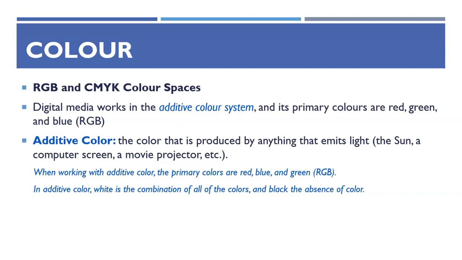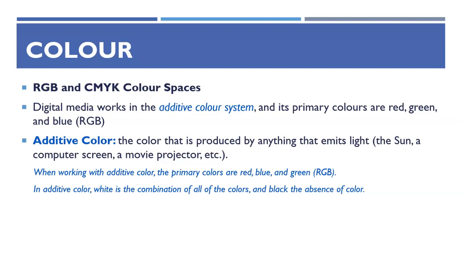As you see on screen, RGB means red, green, and blue. And this particular color space is useful for anything screen related. So if you're going to produce any design for the screen, the RGB color mode is advisable.